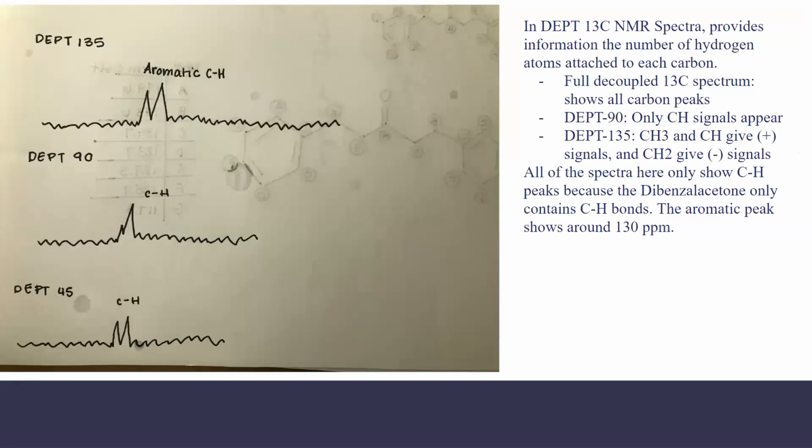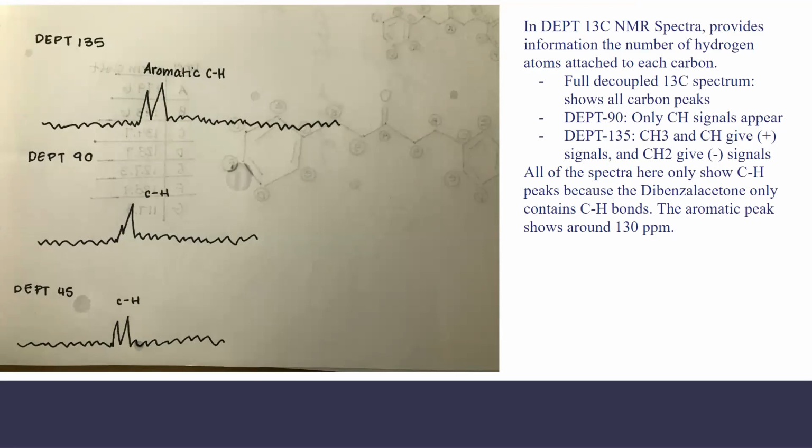So taking a look at the DEPT 135 and 90 13C NMR spectra, it provides information on the number of hydrogen atoms attached to each carbon. A fully decoupled 13C spectrum shows all carbon peaks, whereas DEPT 90 only shows CH signals.